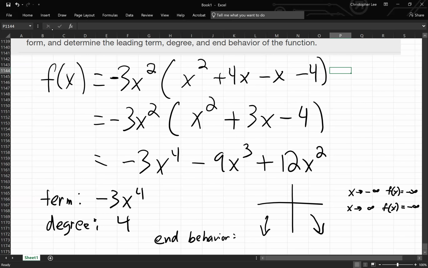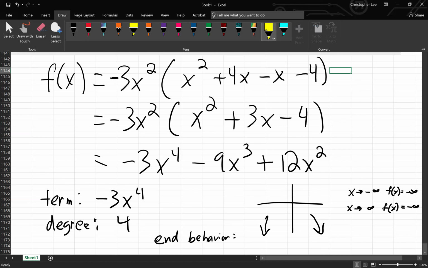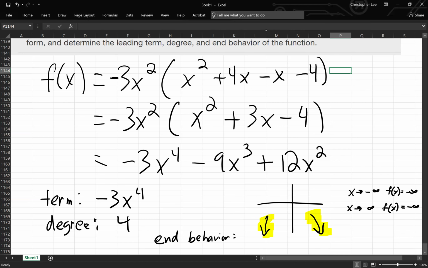However you want to do it, no pressure. I personally like the drawing. I'm cool with that. If you want to give it to me like this, go ahead. If you blank out on the test, just write it out in words.